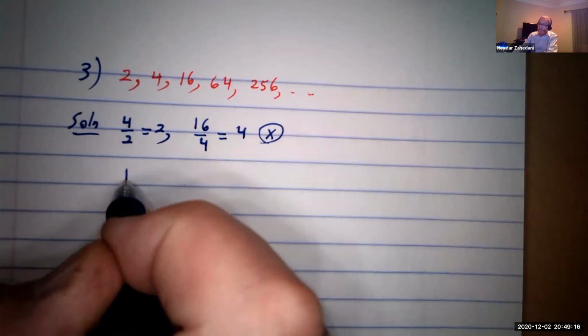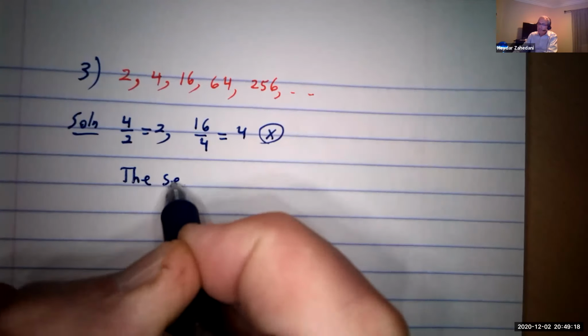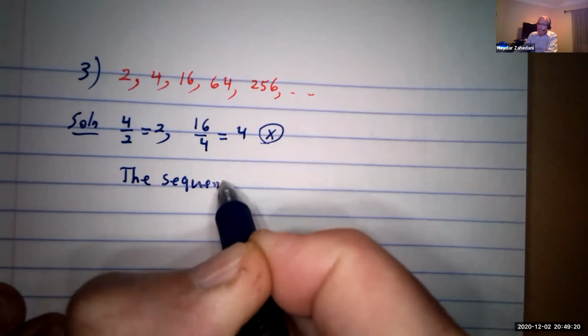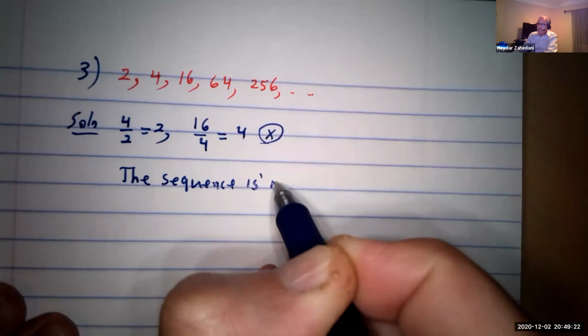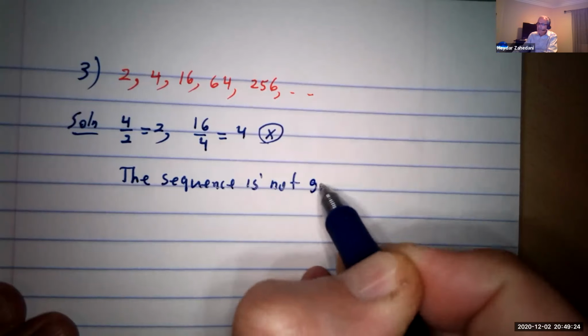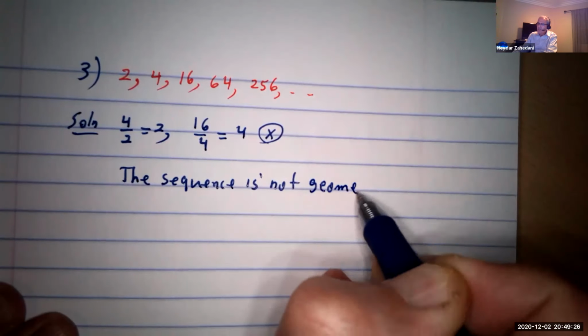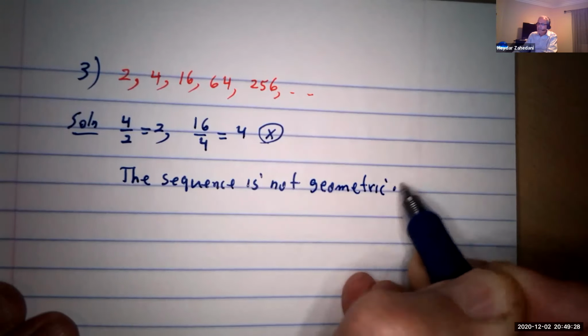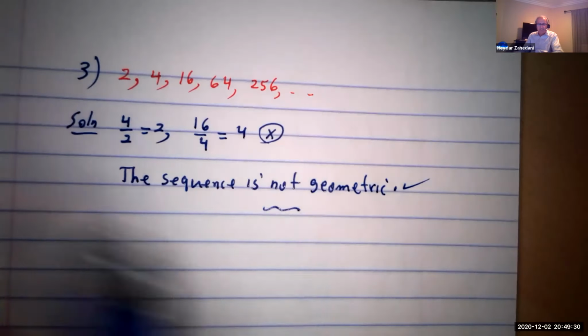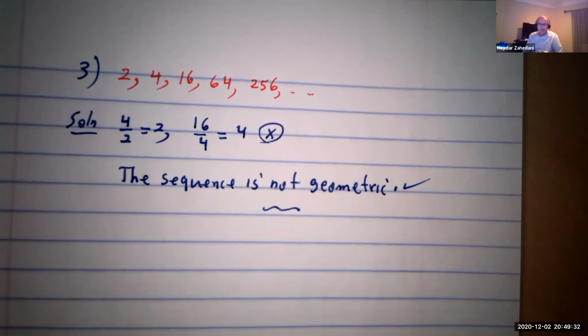So the sequence is not geometric. Okay, so this is the way you are going to reject it to get these numbers. Any question?